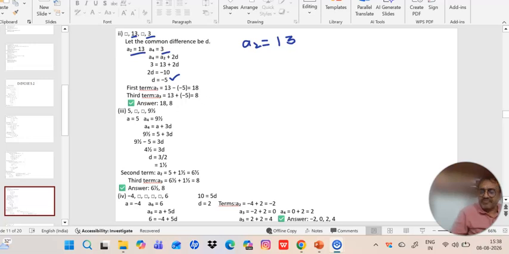A2 means you can write it as A plus D is equal to 13. Take this one as equation 1. Now A4 is given. A4 is equal to 3. So A4 means A plus 3D is equal to 3.